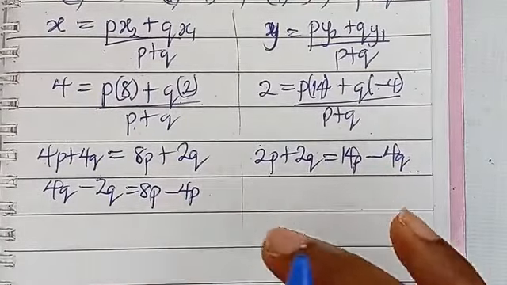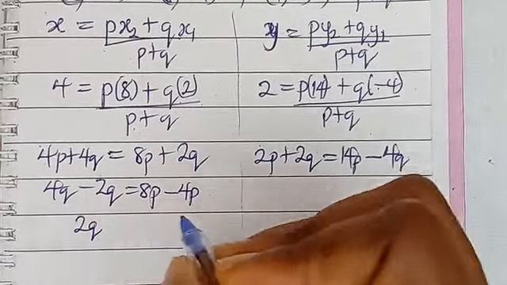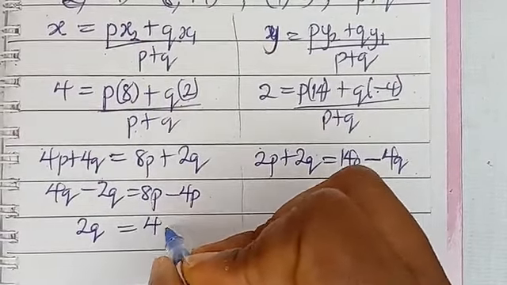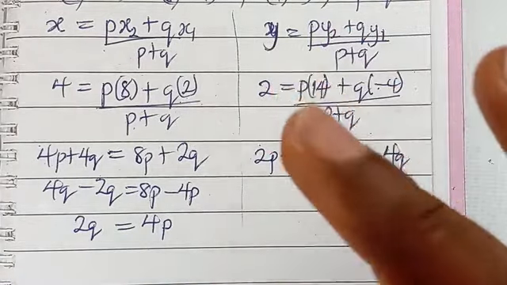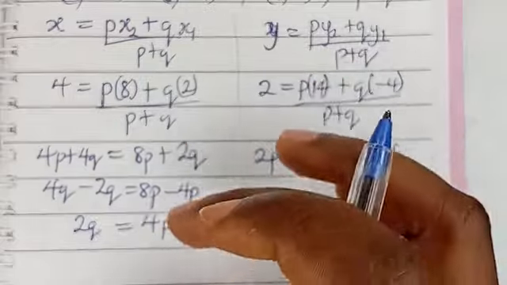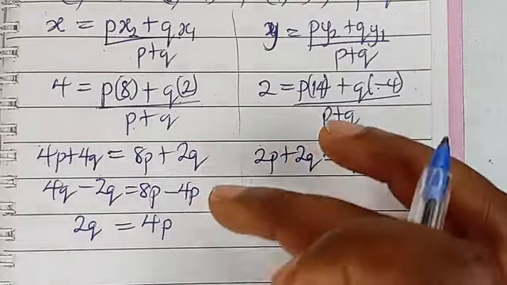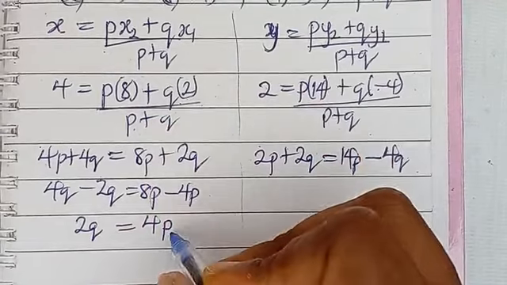So let's finish up with this side. We are going to have 2q is equal to 4p. Now this one is asking us for the ratio. At this point, what we are going to do is have p over q on one side and then know what the numbers are going to be. So to do that, we are going to divide both sides by q.